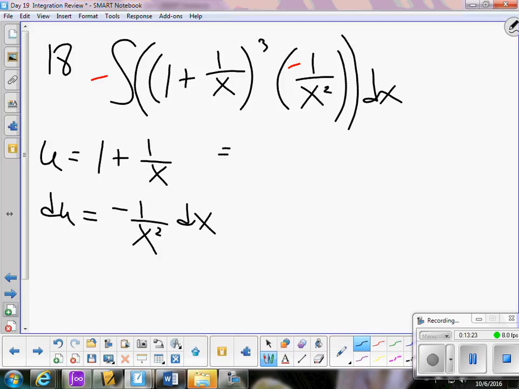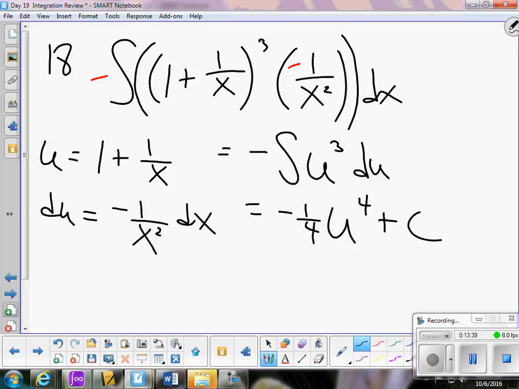So we have minus the antiderivative of u cubed du. You want to take that step, unless you're really good at it, because this is where kids make mistakes. I'm going to write u to the fourth plus c, and now we'll just put u back in.